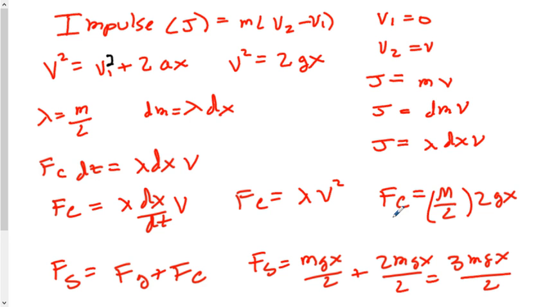So force of the chain equals m over L times 2gx. We see we get the same expression as we did in our last method. Of course, force of the surface equals force gravity plus force of the chain. We're adding mgx over L plus 2mgx over L equals 3mgx over L. So we get the same answer, doing it a little bit different way.